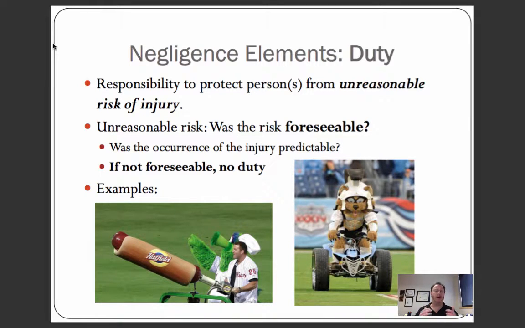And if it was a foreseeable risk of harm, then that person or establishment must try to protect them, act reasonably under the circumstances. But if it was something that's not foreseeable, if it's unforeseeable, then no duty of care exists. So, for example, being hit by a foul ball at a baseball game is very commonplace nowadays.